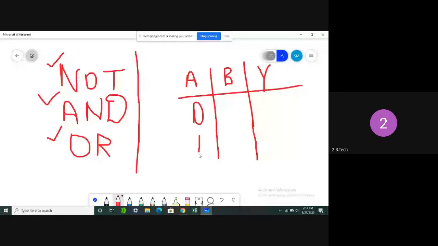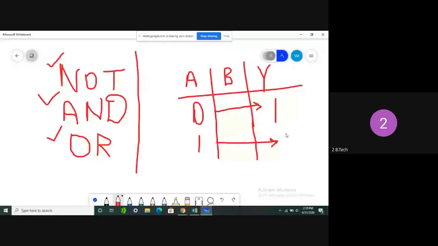So that device should implement this not logic. What is happening with that device is, if 0 is presented at the input side, what could be the output? 1. Very good, 1. If 1 is provided at the input side, what will be the output, the reverse? 0. So this is the way we can find the output.